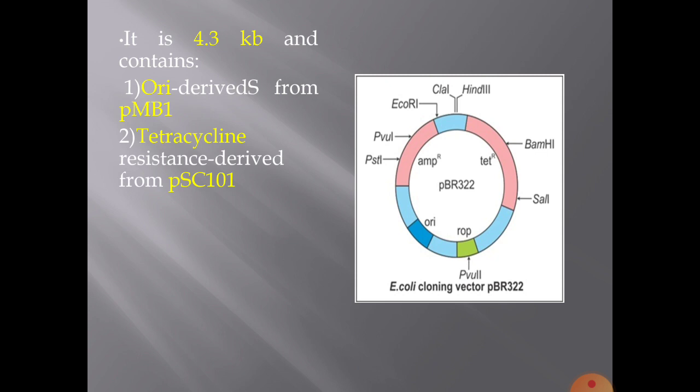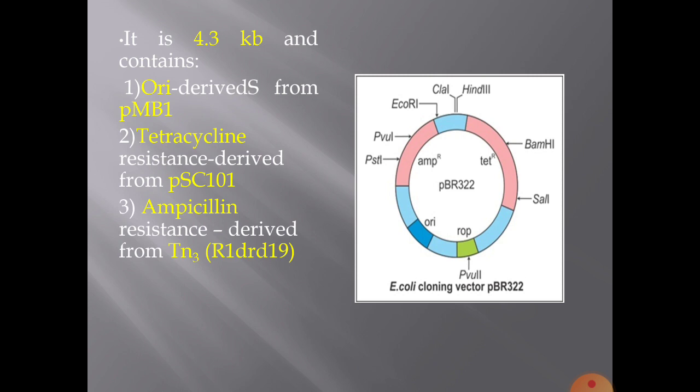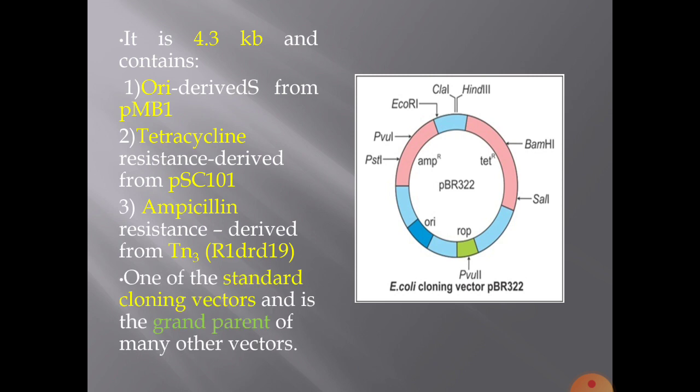So ORI is derived from pMB1, tetracycline resistance is derived from pSC101, and the ampicillin resistance gene, which is right opposite to the tetracycline resistance gene, is derived from Tn3. Tn3 is a part of R1drd19. It is one of the standard cloning vectors and is the grandparent of many other vectors. So many other plasmid vectors have been derived from this pBR322.